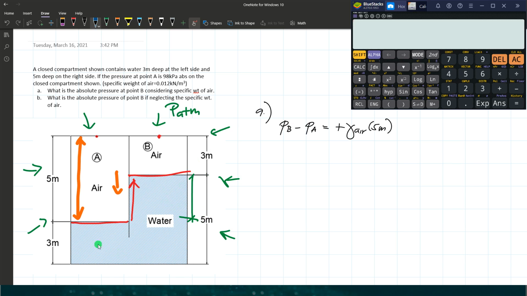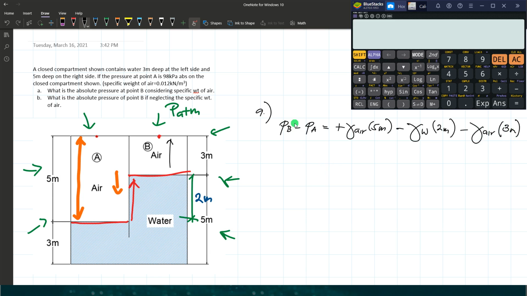We have 5 meters here and 3 meters there, just subtract them, we have 2 meters. So the water is going upward, that's negative: negative unit weight of water times 2 meters. And the last fluid is again air. From the interface between the water and the air going to point B, we have upward direction and the distance is 3 meters, so negative unit weight of air times 3 meters.